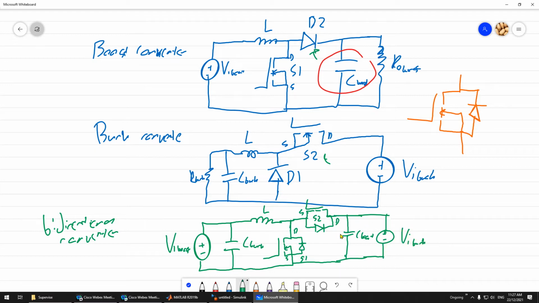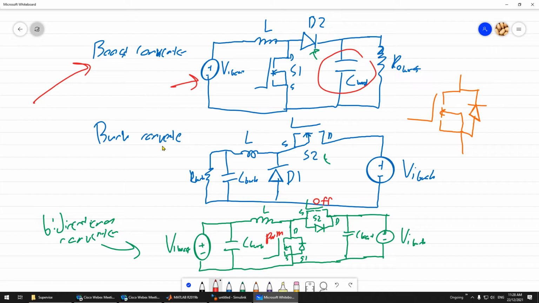Okay, so this is the bidirectional converter. So basically what happens is that if you want to operate as a boost converter, you just PWM this and turn off this. Okay, so basically it will become a boost converter.